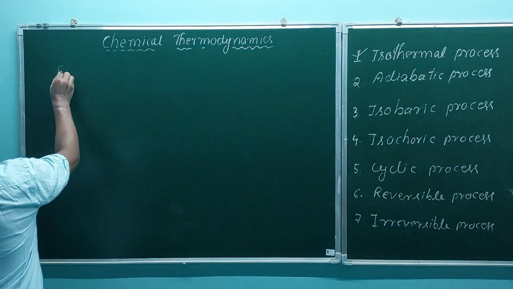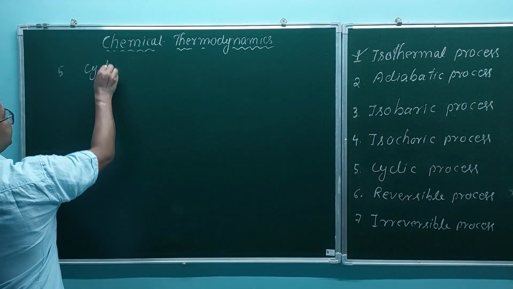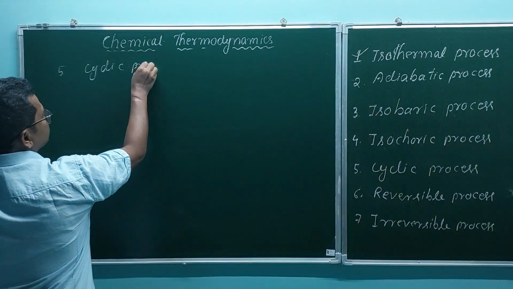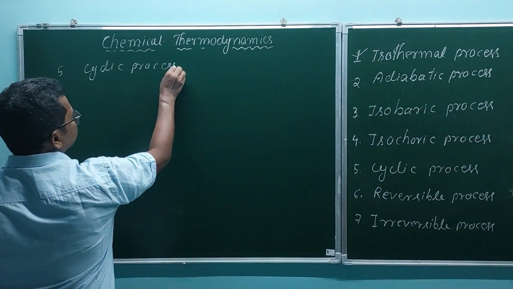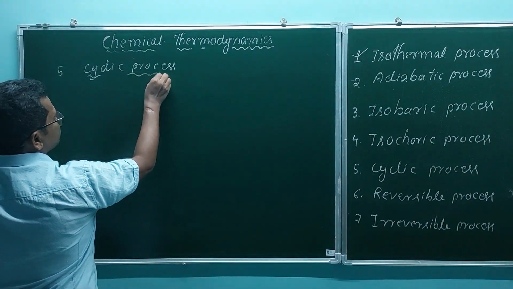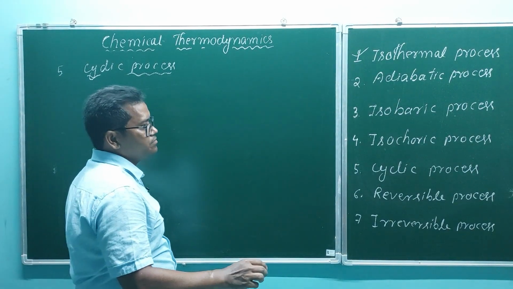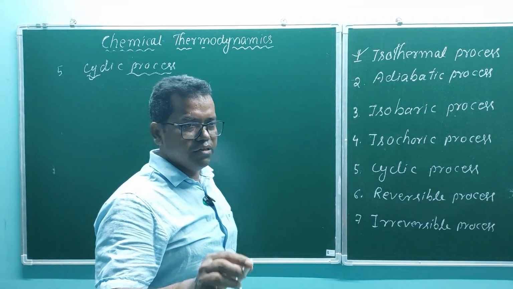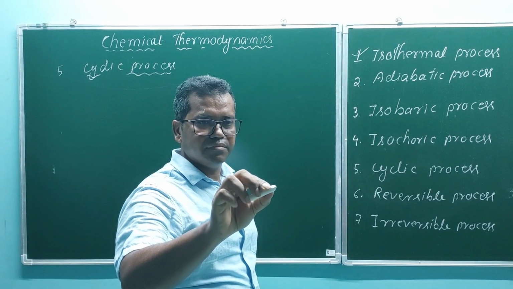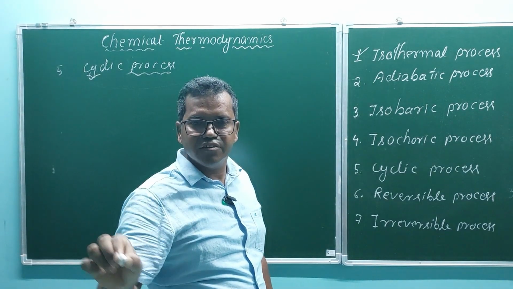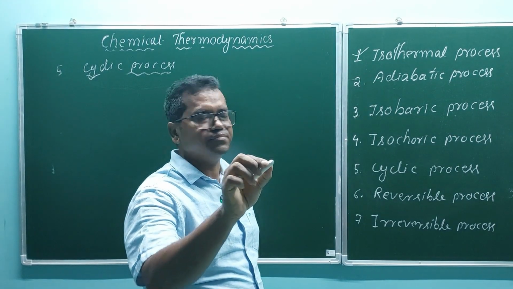Number 5, cyclic process. Cyclic process means the system returns back to its initial state.